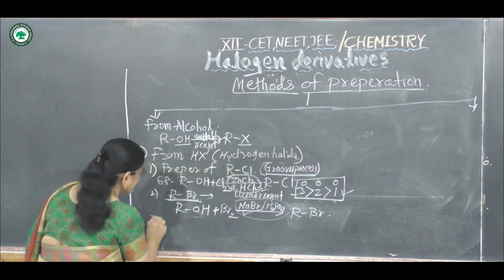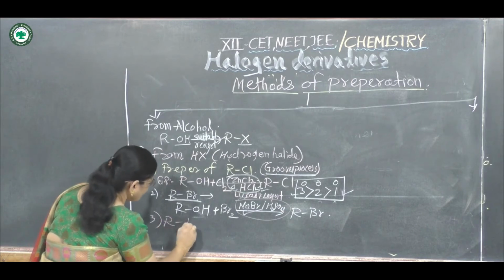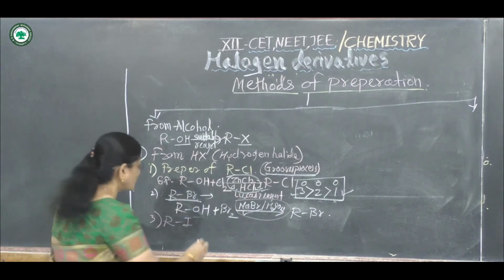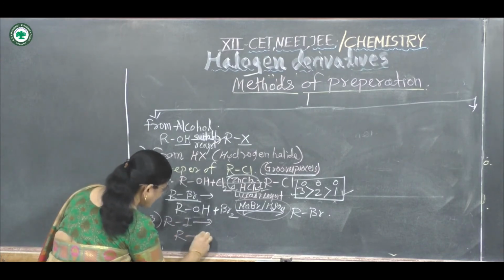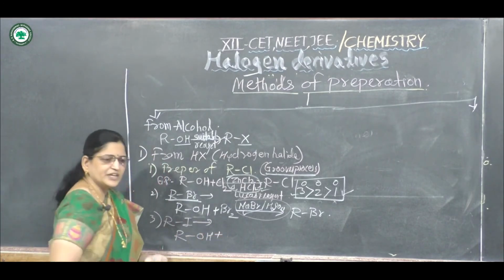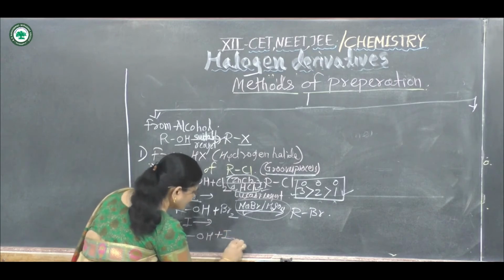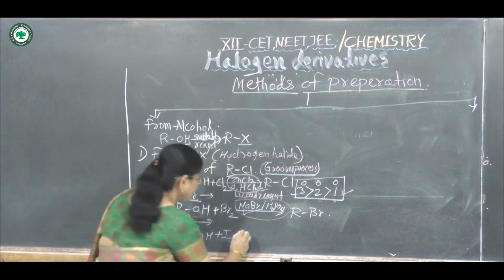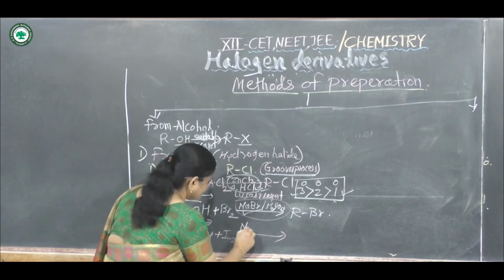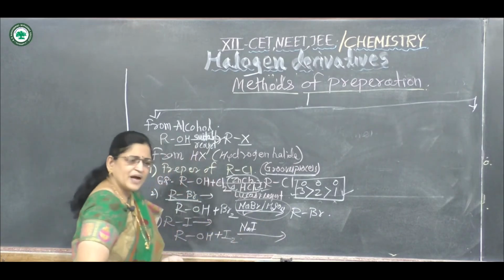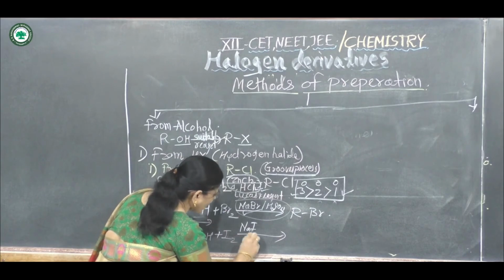Then third one, formation of alkyl iodide. In formation of alkyl iodide, again from alcohol ROH, if it reacts with iodine, then the suitable reagent is sodium iodide or potassium iodide.